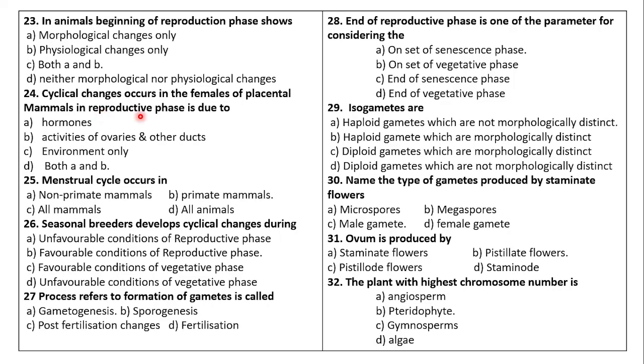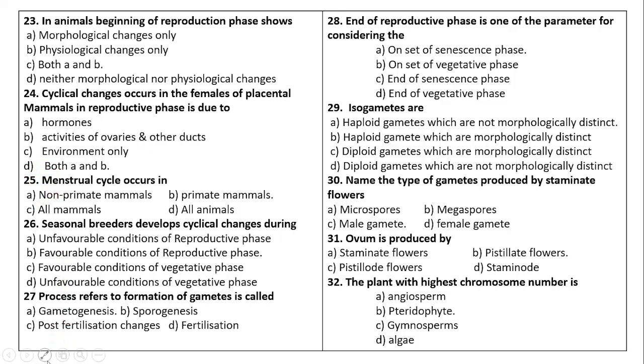So here, the cyclical changes are controlled by hormones, and these hormones are released by the ovaries. During this time, in the ovaries, the development of the ovum, that is oogenesis, can be seen. That is why the answer is both A and B. Option D is the correct answer here.